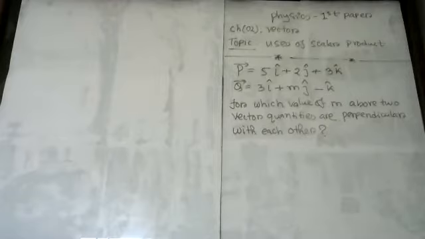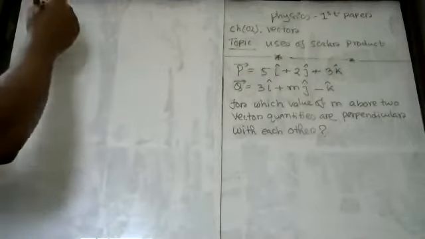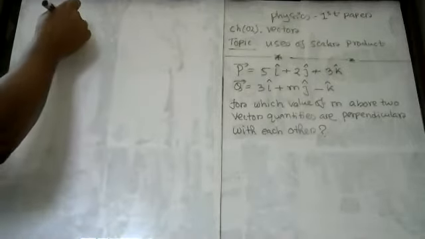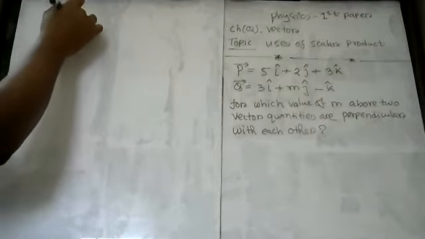So you can say that, my dear student, the dot product of two vector quantities will be 0 in the case that the two vectors become perpendicular vectors. Only for this case their dot product becomes 0. And by using this concept, you can find out the value of unknown physical quantities, the value of here m. Now let's find out the value of this m. My dear student, P vector dot Q vector will equal to what?